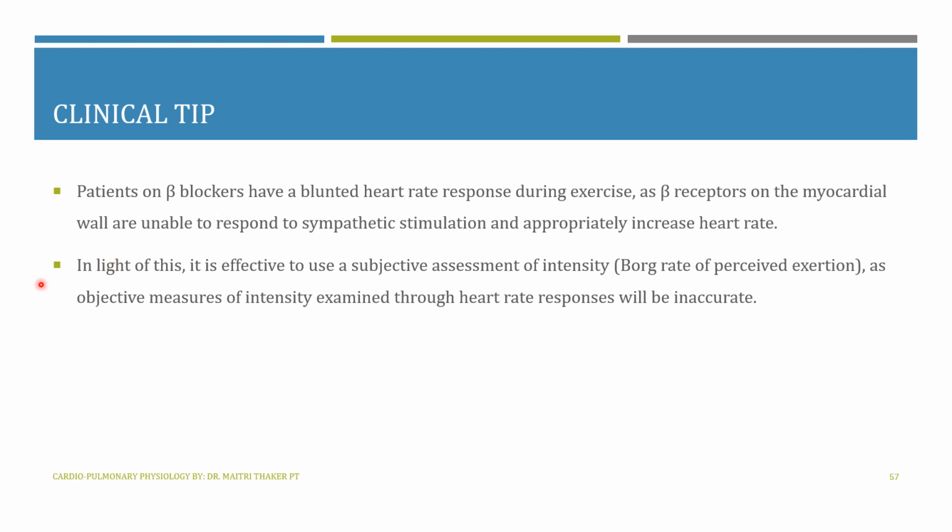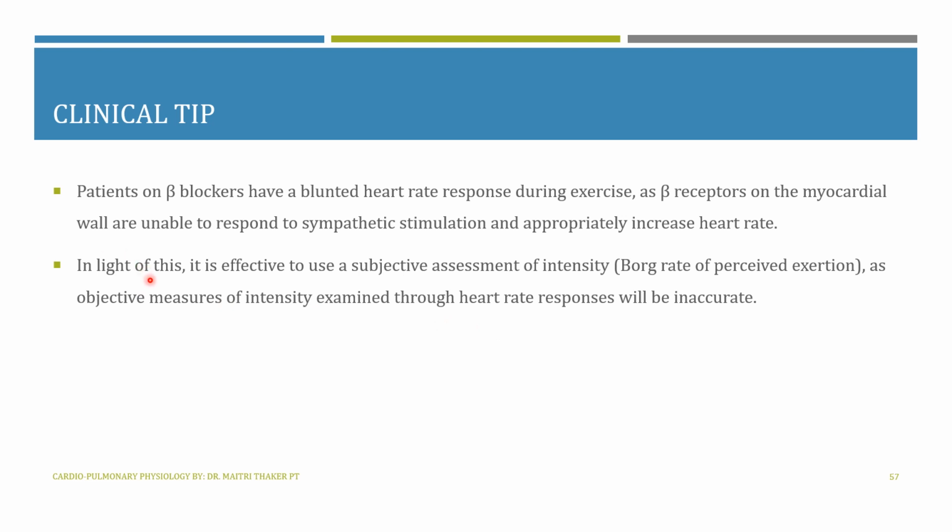So in light of this, it is effective to use a subjective assessment of intensity, that is the Borg scale, the Borg rate of perceived exertion, as the measure of intensity during exercise.